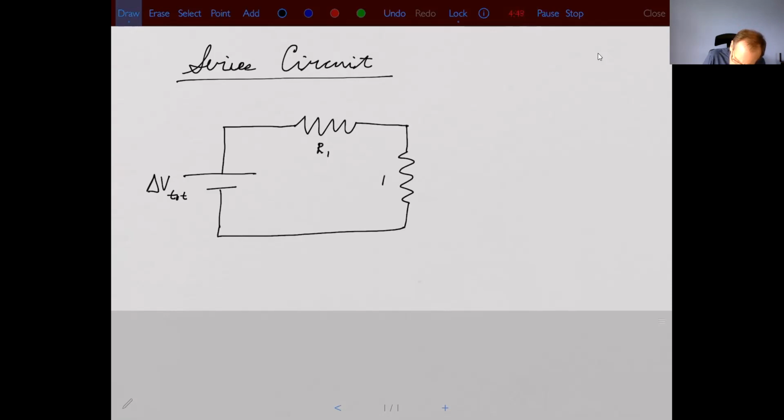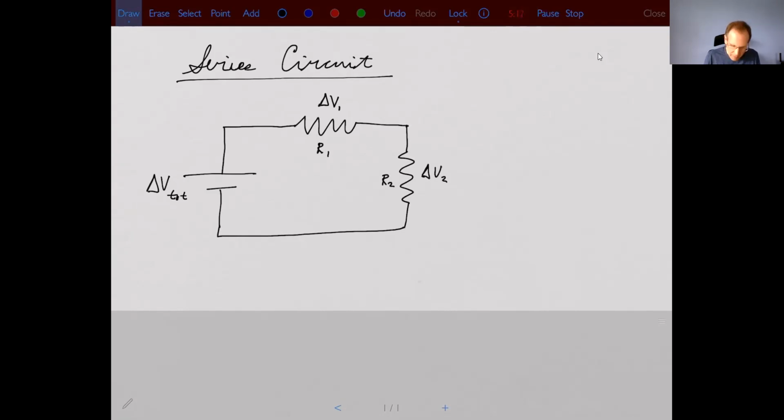I'll call this R2. And then each resistor has a voltage drop across it. So I'll call that delta V1, and I'll call this delta V2. So delta V1 is the voltage drop across R1, and delta V2 is the voltage drop across R2.